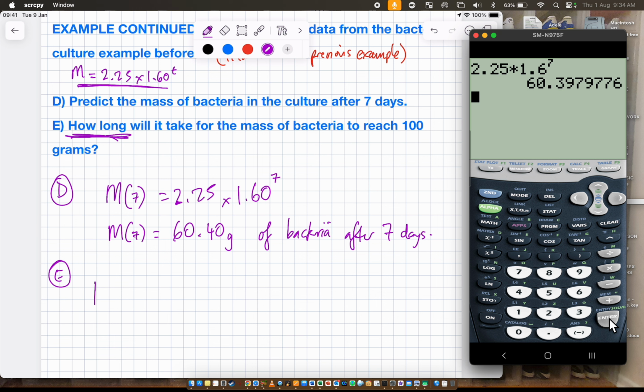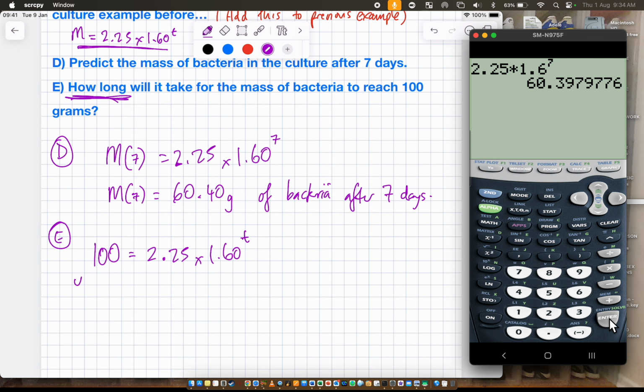The model is 100 equals 2.25 times 1.60 to the power of t. So what am I going to graph? In y1, I'm going to graph the left-hand side, 100. In y2, I'm going to graph the right-hand side, 2.25 times 1.60 to the power of t.